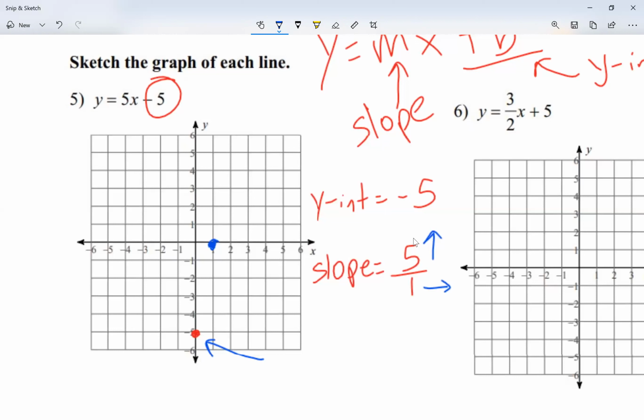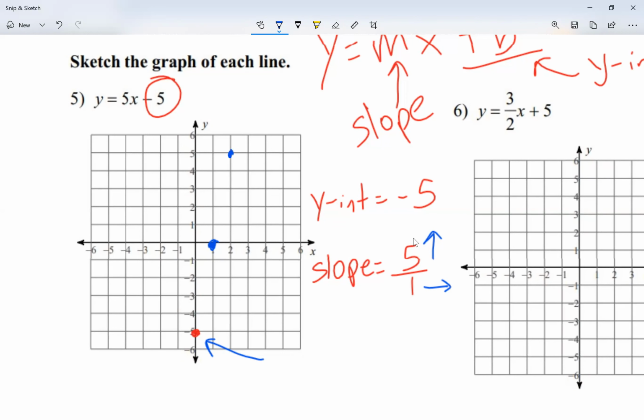I went up 5 over 1. I can do it again if I need to. Let me go up 5 over 1. I can do it as many times. Now, I see those points. Let me connect them with a line. And there's my line, 5x minus 5.